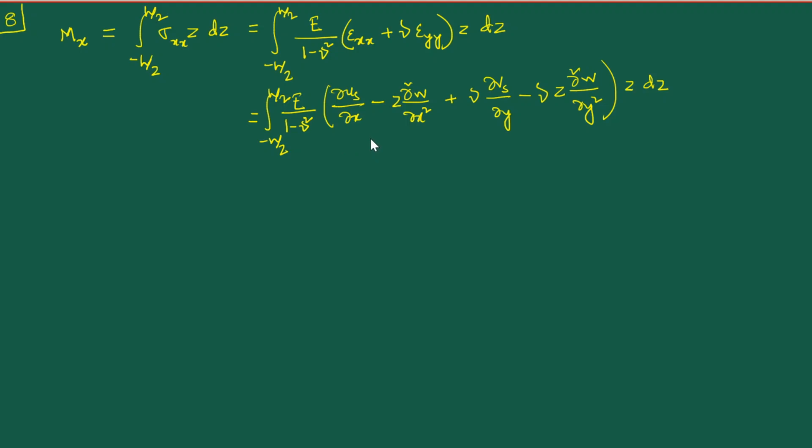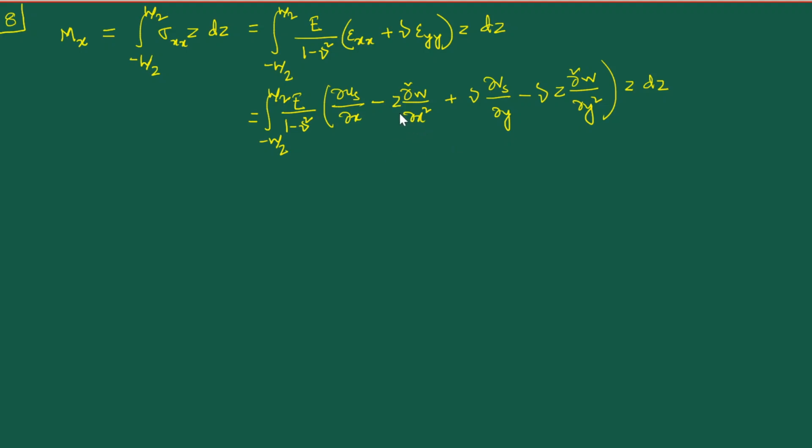So all the terms which are odd in the variable z are going to vanish, which means that this del us del x, which by itself is independent of z, but is multiplied by z, is z to the power 1, which makes this term an odd function over this domain, odd about 0. So that term is going to vanish. Similarly, this term where vs is also independent of z, that just leaves this multiplied with z to the power 1, so that is also an odd function effectively, and that also vanishes.